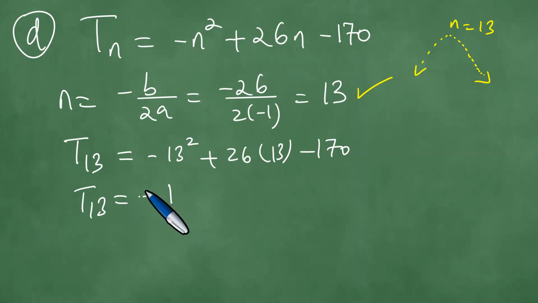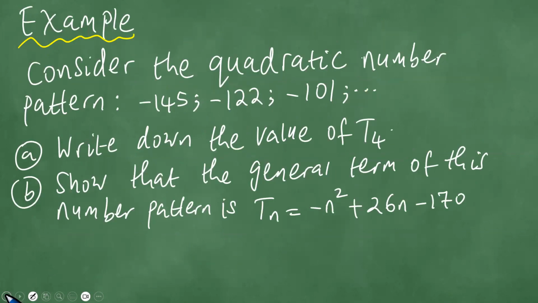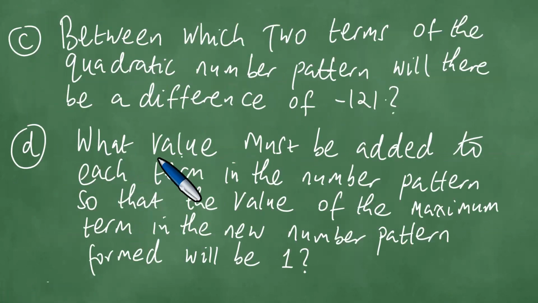So what number can we add to minus 1 so that the maximum value is 1? What value must be added to each term of the number pattern so that the value of the maximum term in the new number pattern formed will be 1? We must add 2.